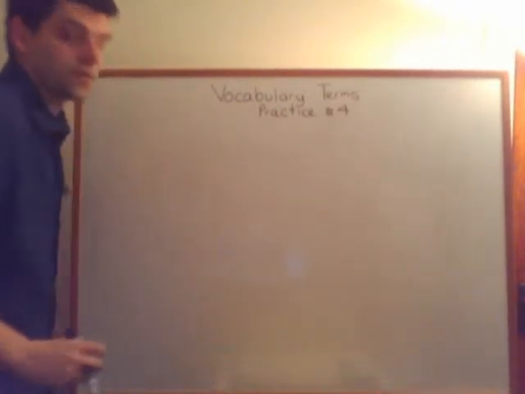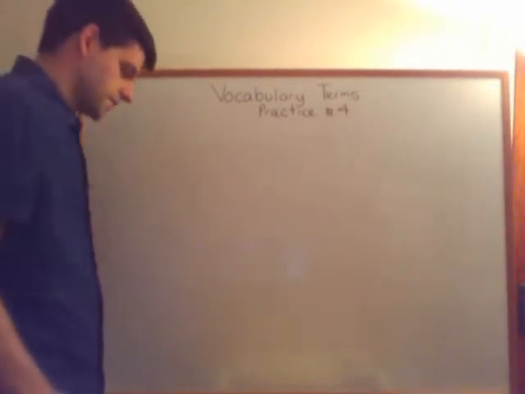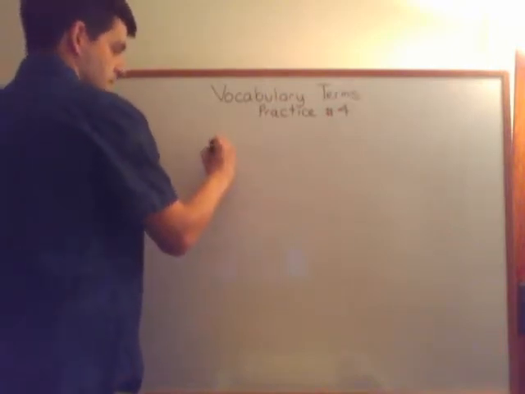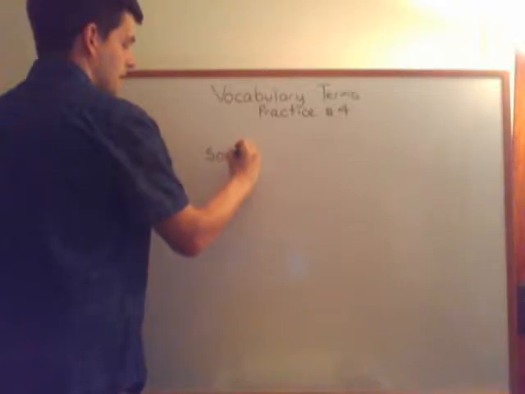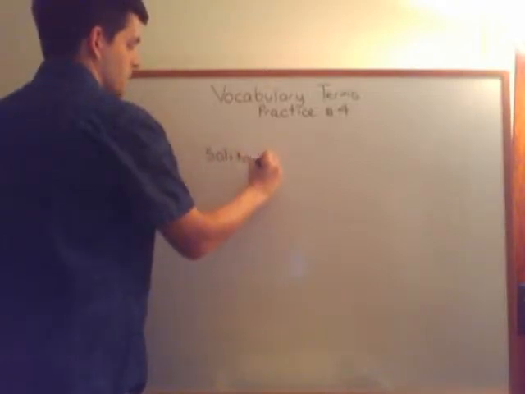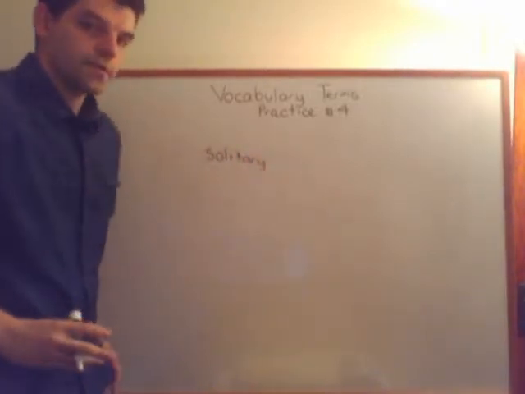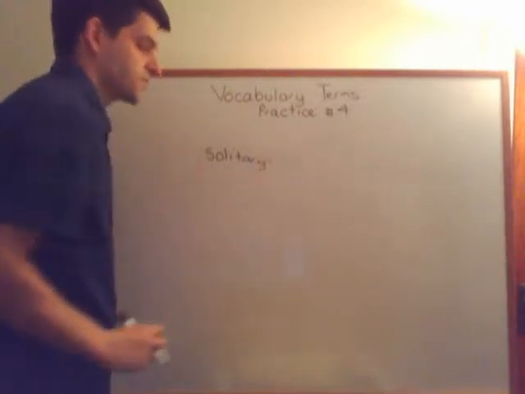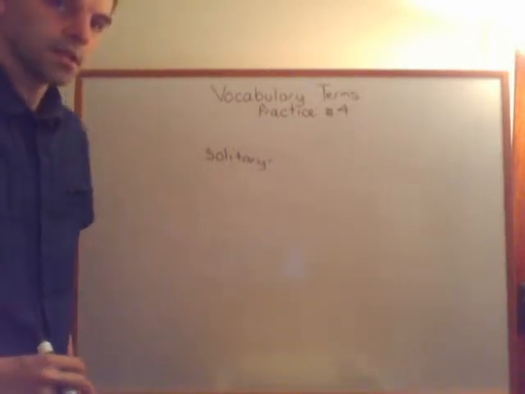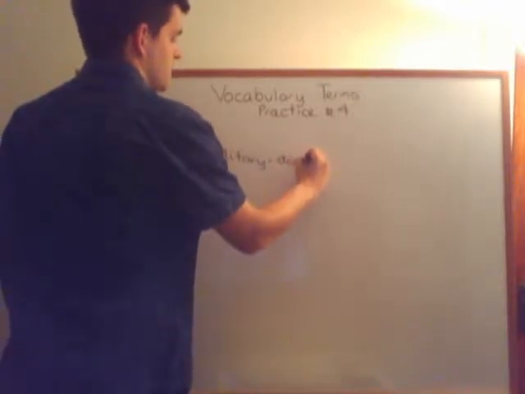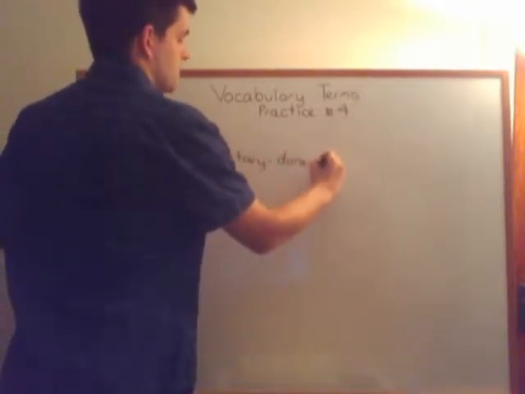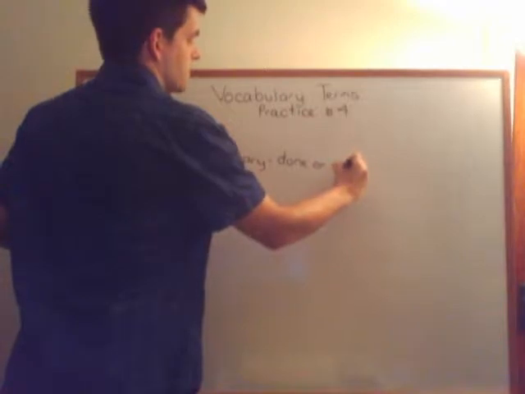So our next word is one of our double meaning words. Let's take a look at it. It's the word solitary. And solitary is spelled S-O-L-I-T-A-R-Y. Now the primary definition of solitary is to be done or existing alone. Okay? Done or existing alone.